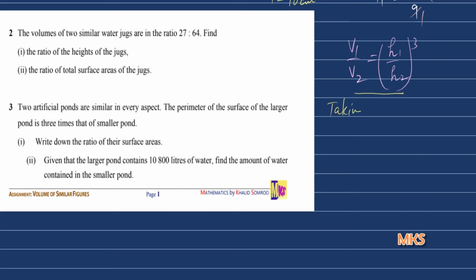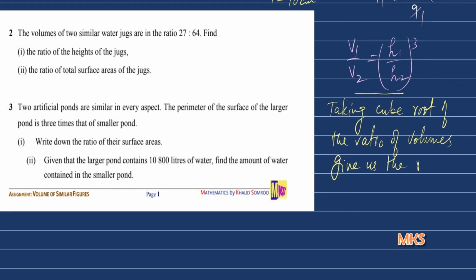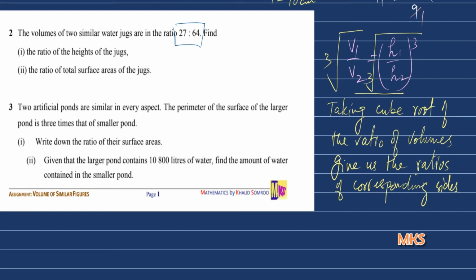Taking cube root of the ratio of volumes gives us the ratios of corresponding lengths, because all corresponding height, circumference, length, width have the same ratios. So here you can see if we take cube root of both sides, definitely H1 over H2 will be there.